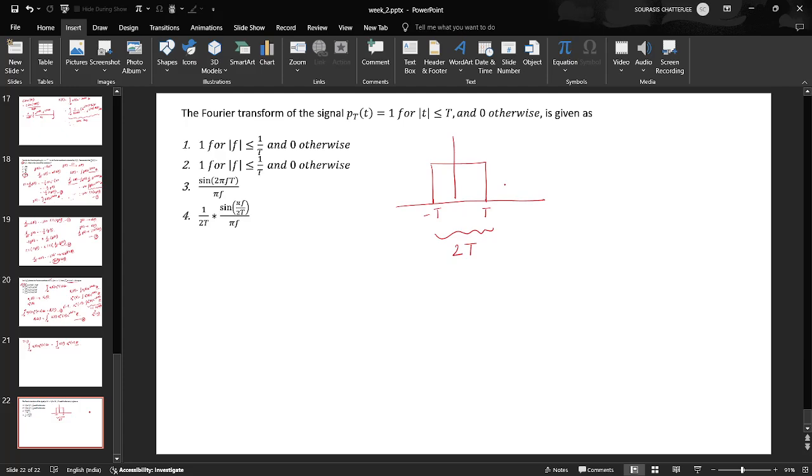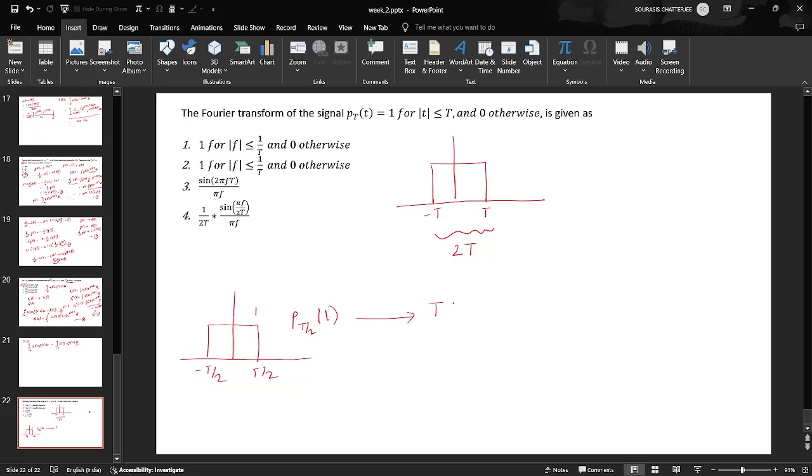So what should be the Fourier transform of that? We have already seen that for a standard pulse signal that runs from minus T by 2 to T by 2, with uniform amplitude, we call this p_T(t).